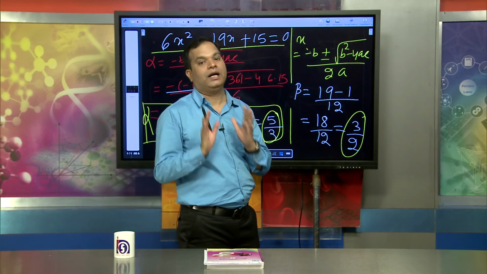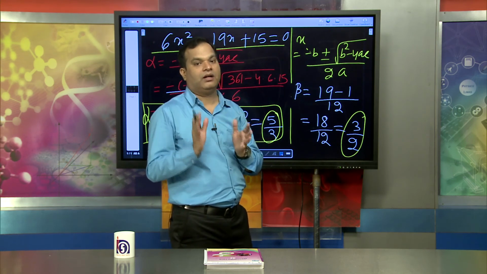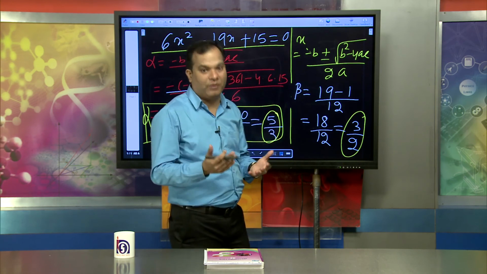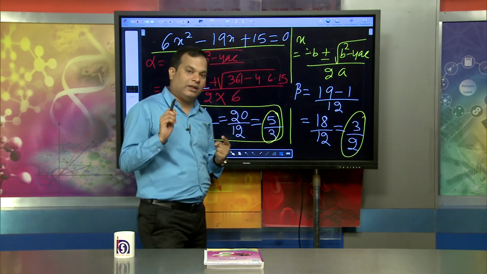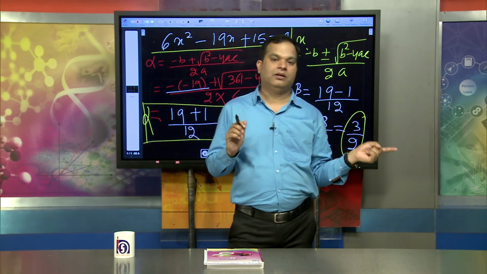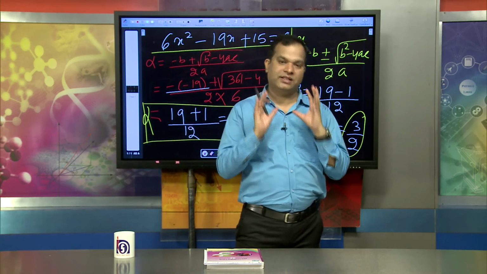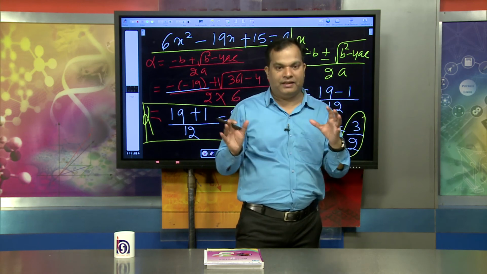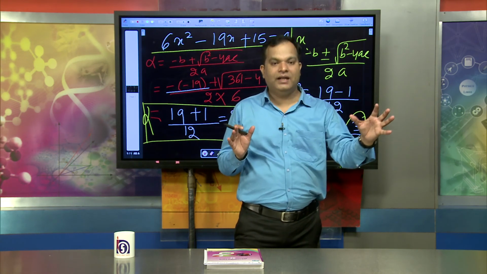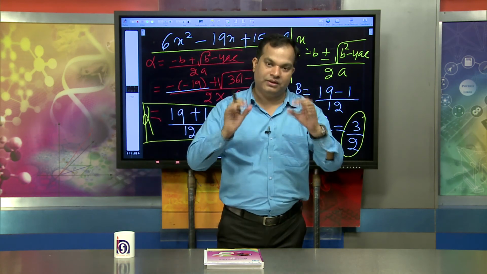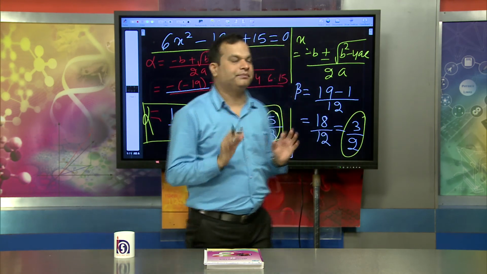You must understand it, otherwise you cannot apply the formula and cannot find the solution of the quadratic equation. Remember one thing: whether it is the factor method or the quadratic formula, the solution remains the same. The techniques are different. The factor method is one technique, the quadratic formula is another technique, but the solution remains the same.